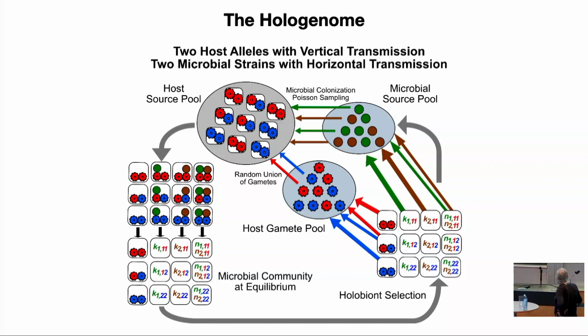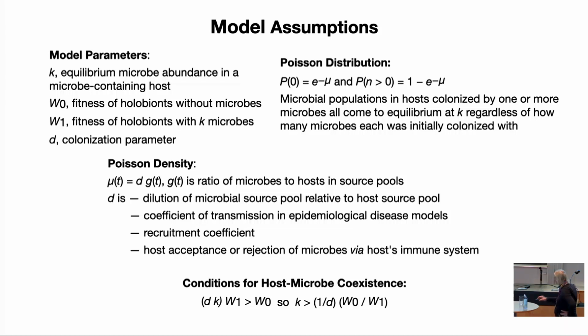If you wanted to do that sort of thing, if we go back over here. Let's take this: the condition for the coexistence of a host and a microbe. Suppose you had an experimental system where you had a host and one microbe. Then you could experimentally vary D over here in a system.